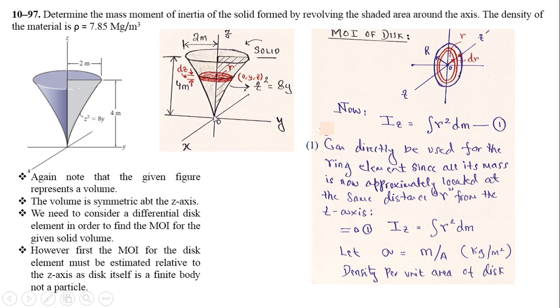So as you can see, this z axis is the axis of symmetry of the given solid, and it is also the axis of symmetry of your differential disk element, right?